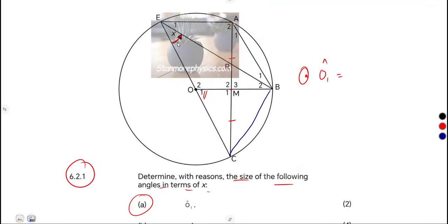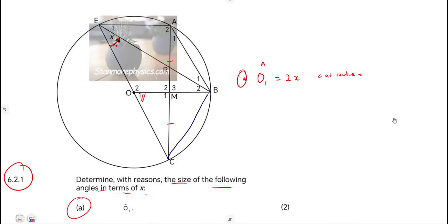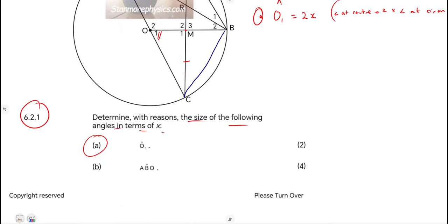So that's twice angle E. So it's 2 times X. So angle at the center is equal to 2 times angle at the circumference. All right, so that was it.